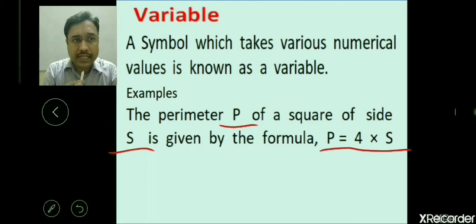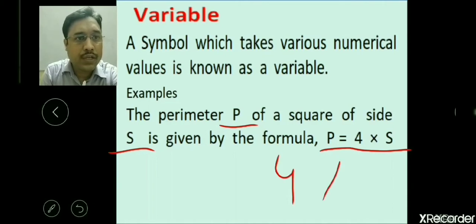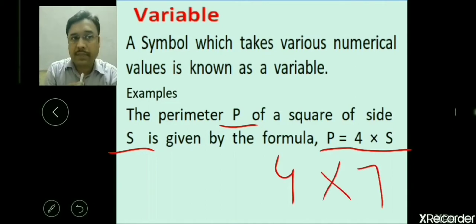If the side is 6 centimeter, then 4 into 6, 24, is the perimeter, 24 centimeter. And if the side is 7 centimeter, then you will write 4 into 7, that means the perimeter will be 28 centimeter.